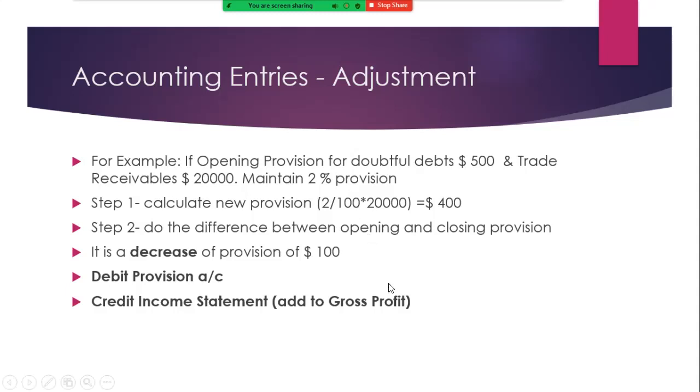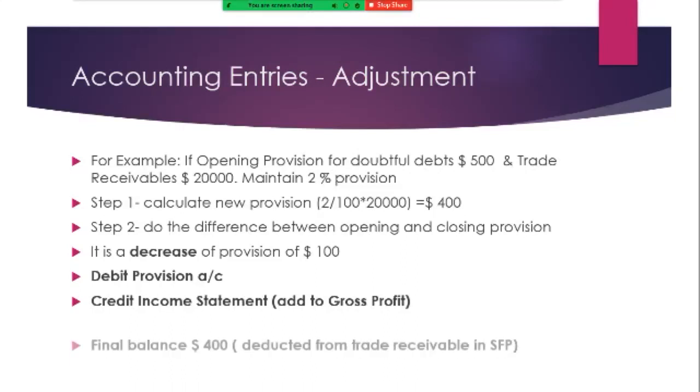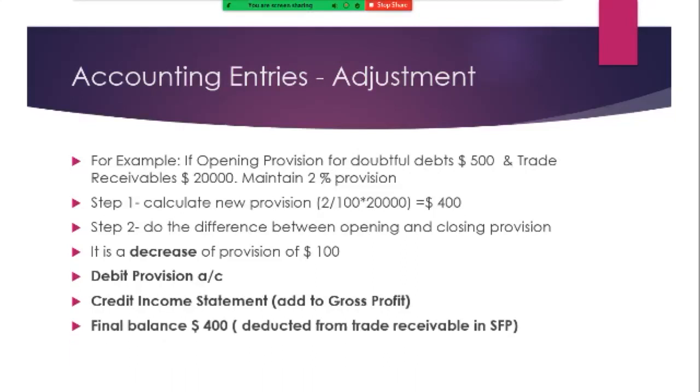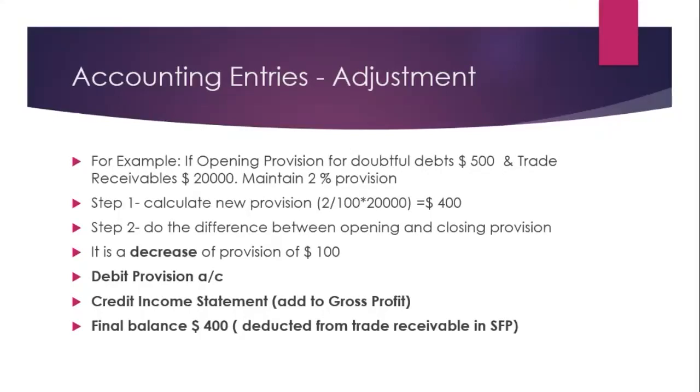That's for a decrease in provision for doubtful debt. Now, the final balance, the new provision of $400, is deducted from trade receivables in the statement of financial position.